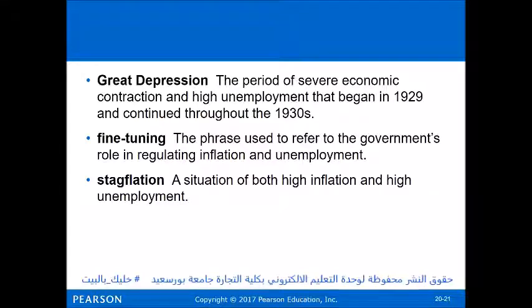The phrase used to refer to the government's role in regulating inflation, keeping inflation down, and also keeping unemployment down. What is stagflation? This is a situation of both high inflation and high unemployment. So in times of stagflation, we see both inflation and unemployment together taking place.